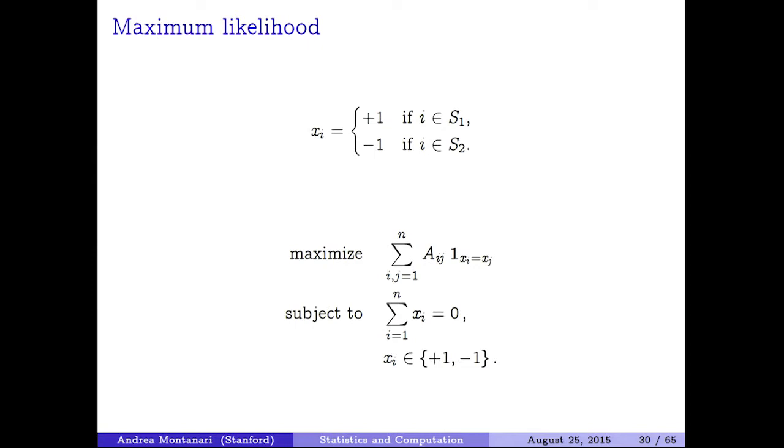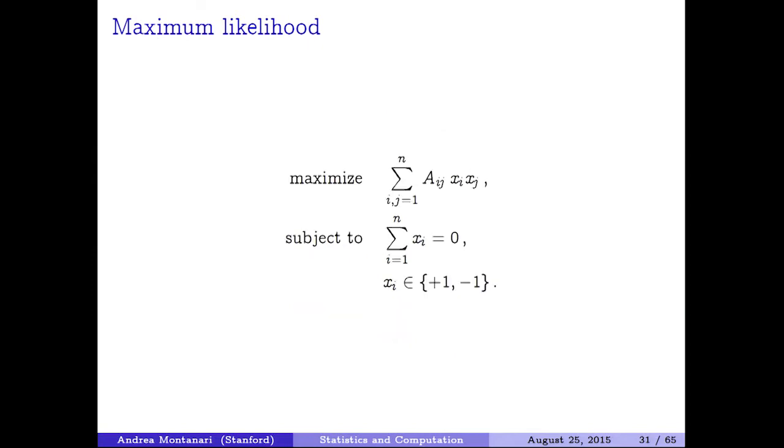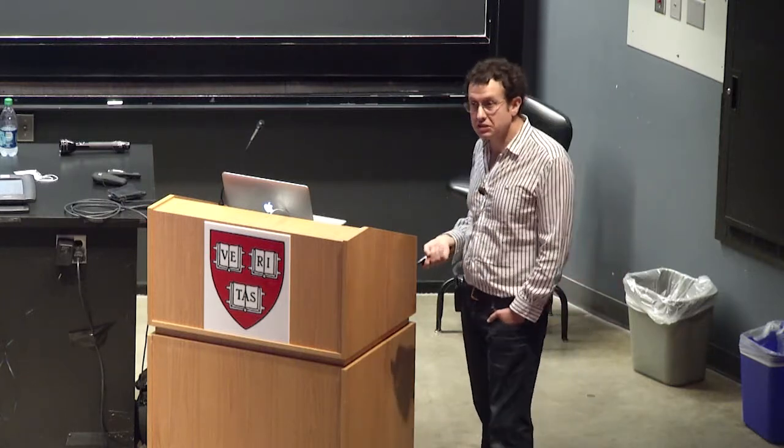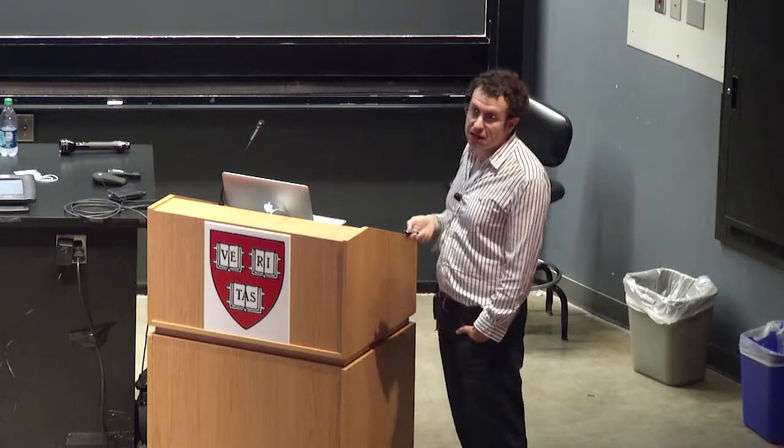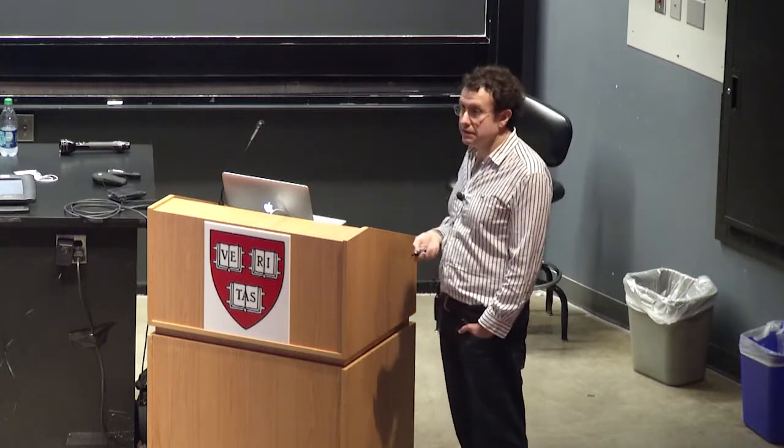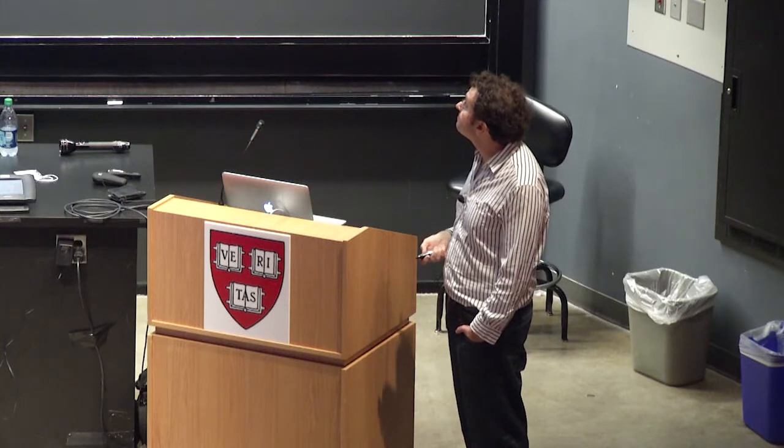Okay, you can rewrite this very easily as a polynomial in x_i and x_j in this way: sum over ij A_ij x_i x_j. This differs from the previous objective just by an additive constant and a multiplicative constant. Okay? So you maximize a quadratic form subject to this plus minus 1 constraint.